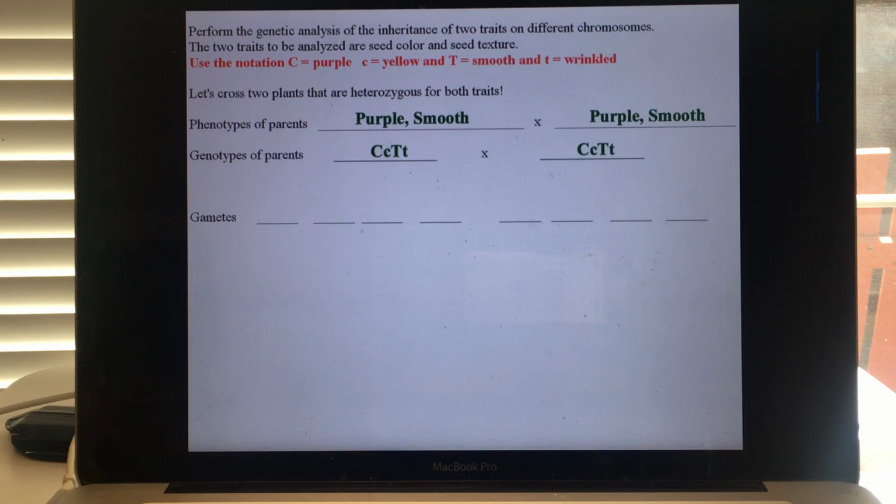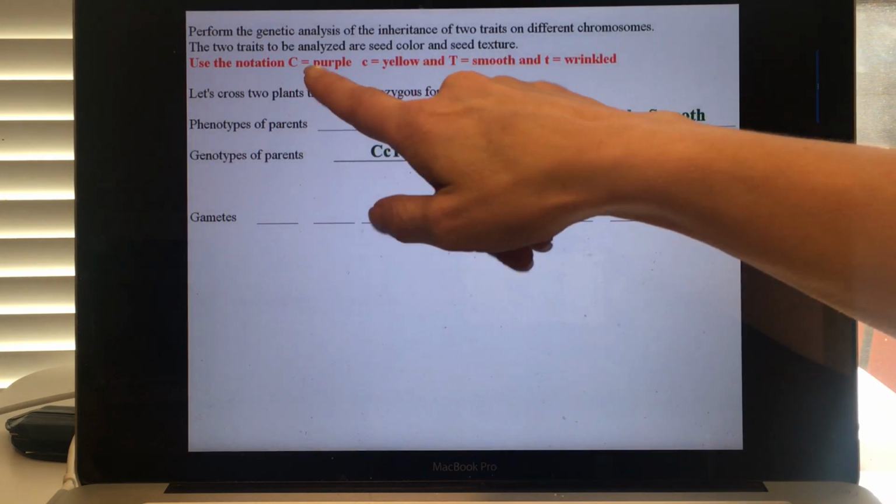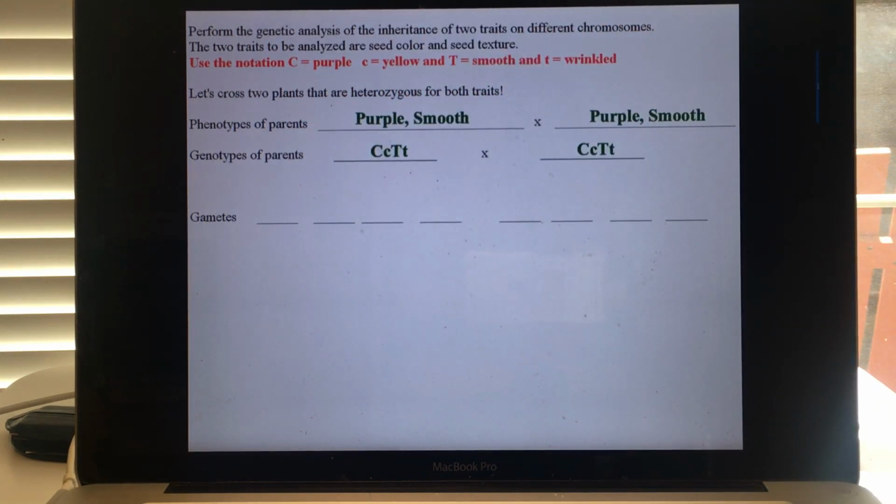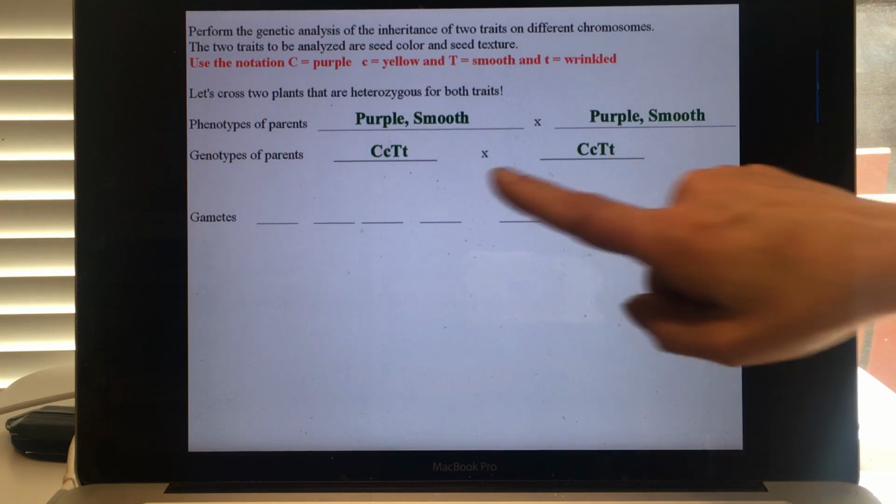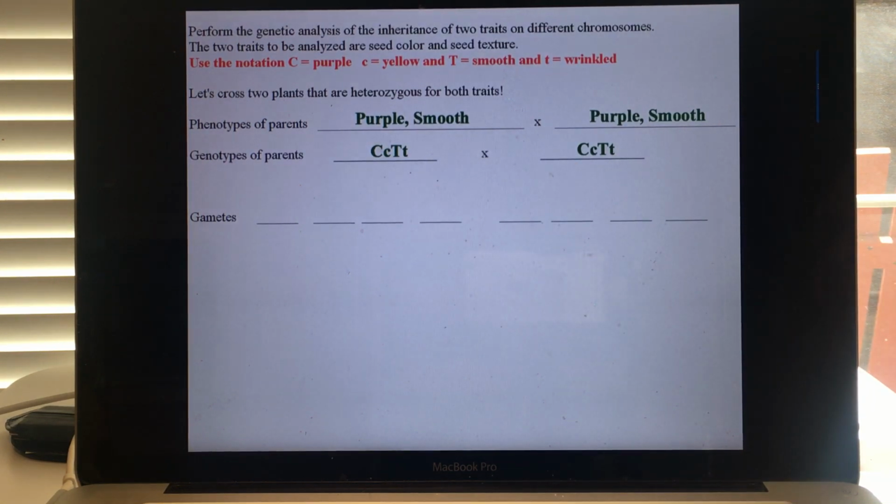Students are always like, well, where'd you get that? Well, we just chose particular letters. The letters are something that I will usually give you and tell you which letter to use. If I don't, you choose, but make sure you choose letters that you can tell the difference between the capital and the lowercase. But the C in this case stands for color and the T for texture.